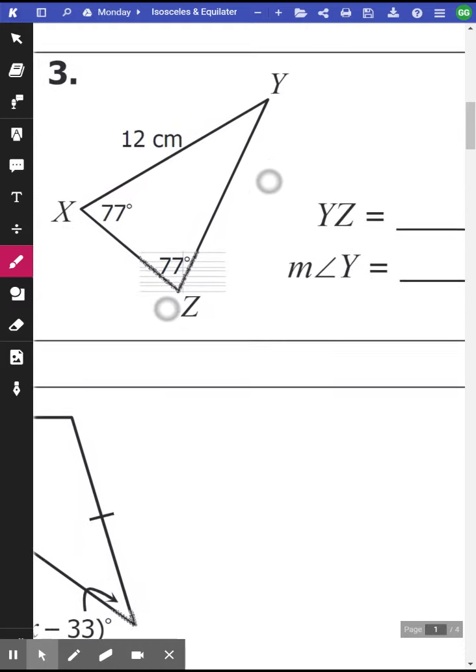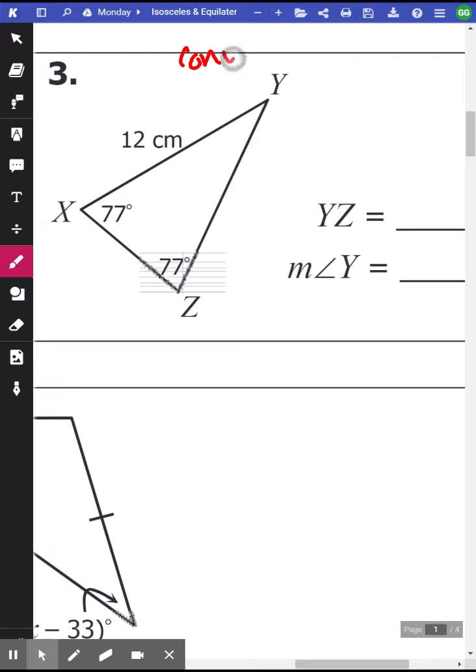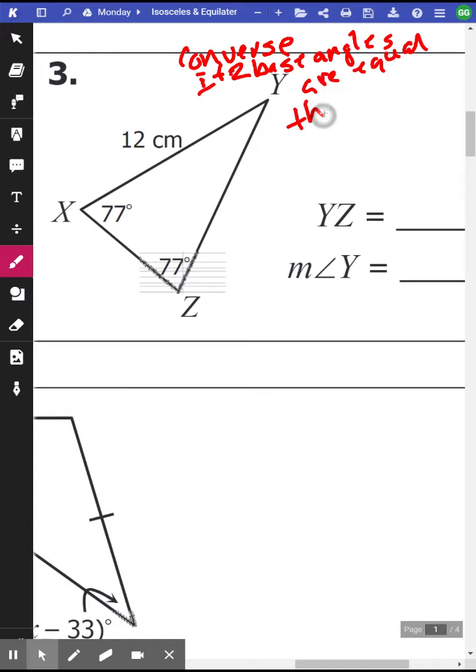Okay. All right. So this uses the converse. If two base angles are equal, then the two sides are equal.